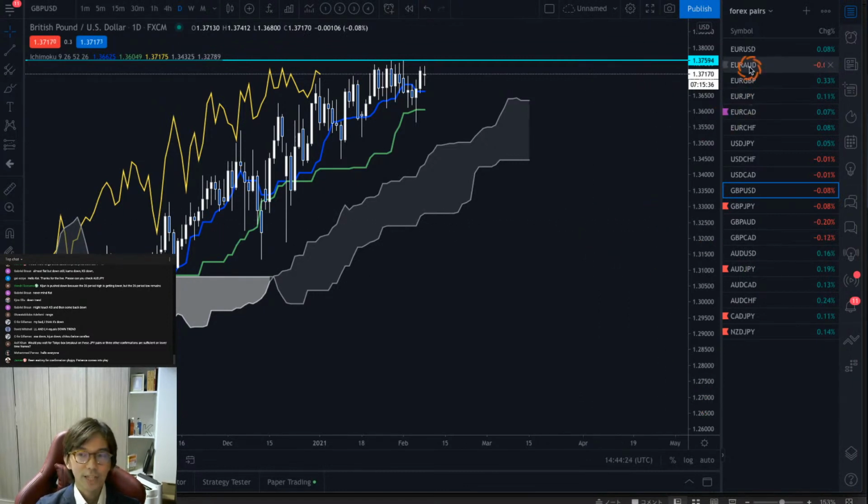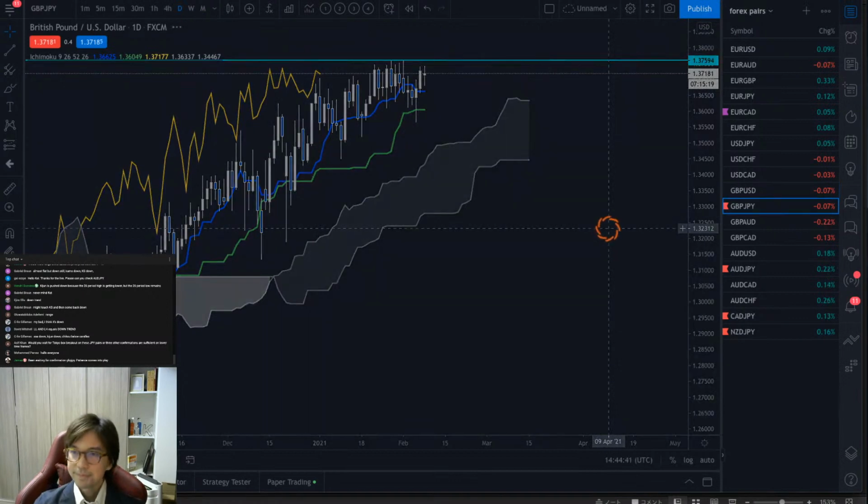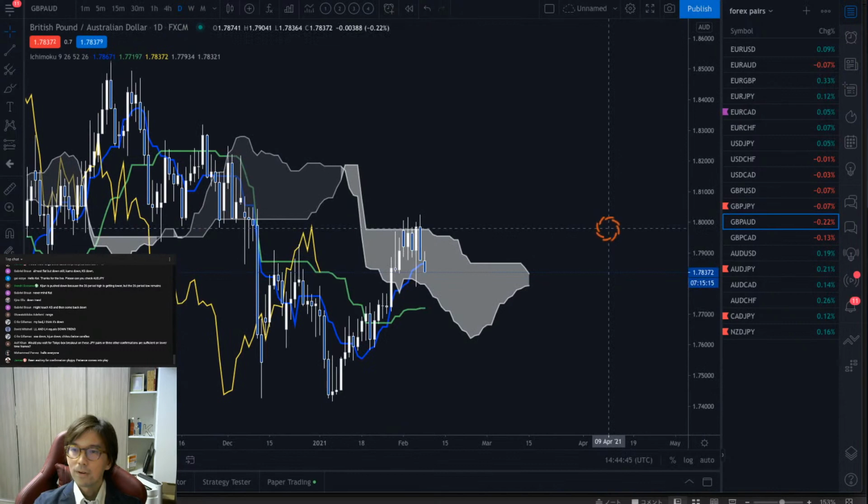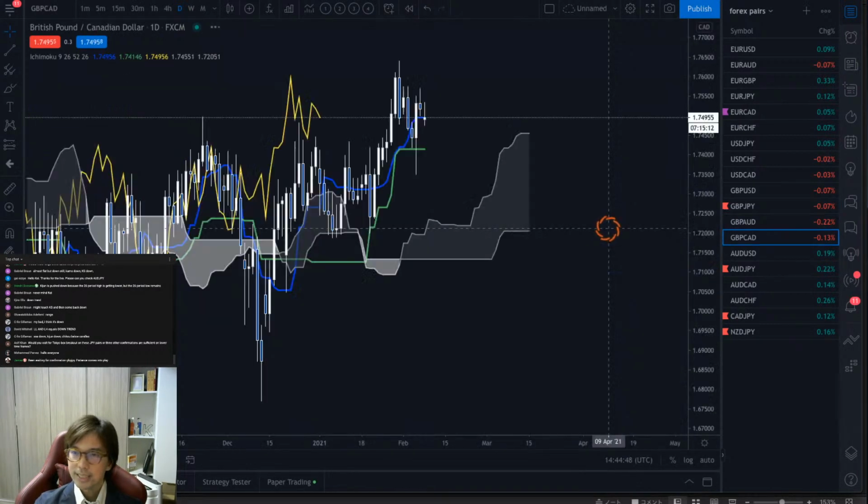I would never take trades on all the pairs every day. It's impossible. Unless I scalp, it's impossible. So every day I screen the charts and see which one is trending, ranging, and look for the edges with the ones that are trending.